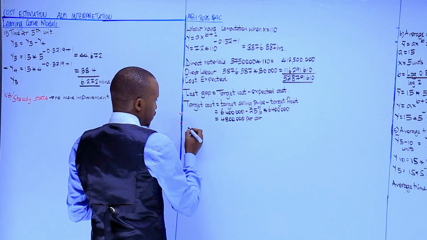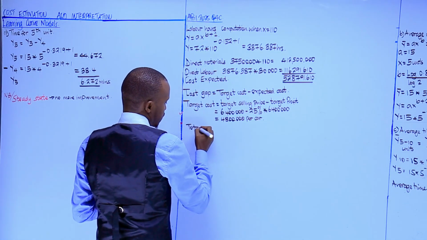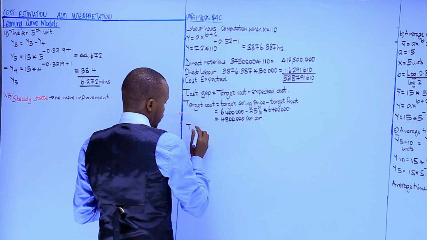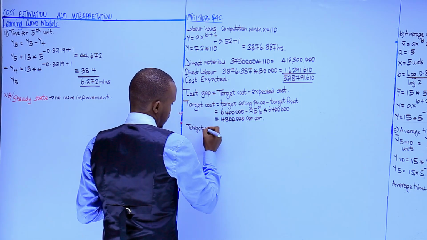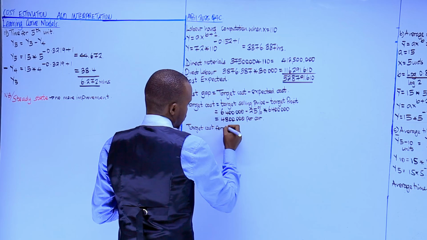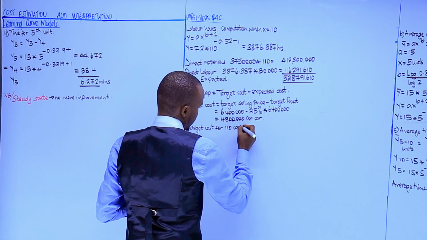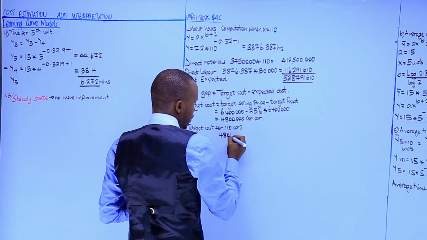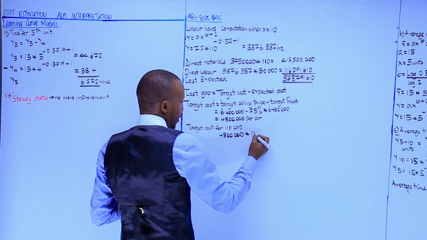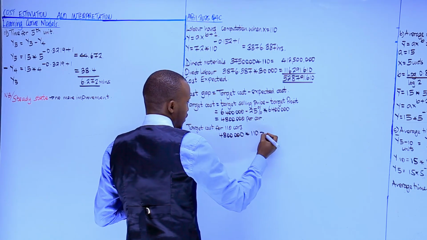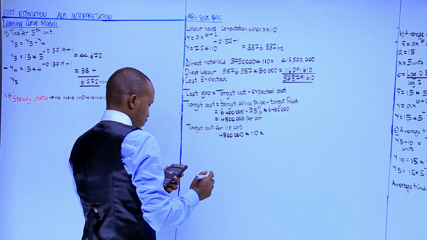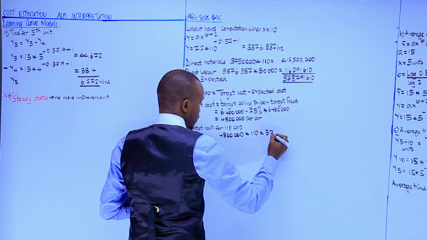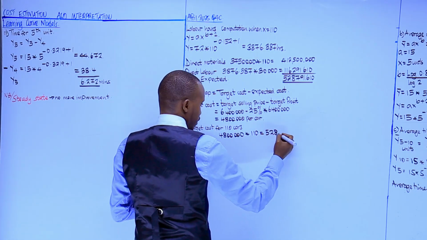Therefore, your total target costs for 110 cars will be 4.8 million multiplied by 110, which is 528 million.